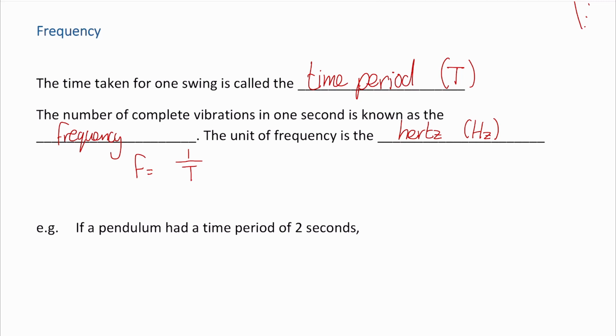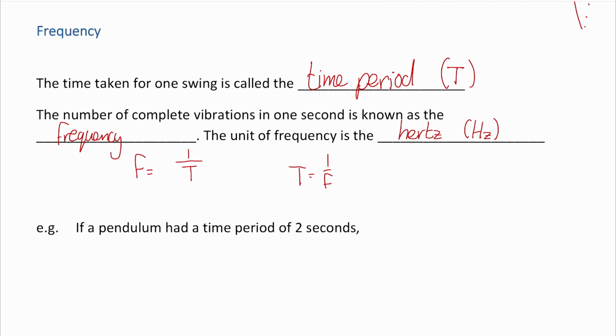We're going to use a capital T. So frequency equals 1 over T, and that's a formula that you're going to need to learn. That can be rearranged to say that the time period equals 1 over the frequency. So if we know the frequency, we can work out the time period. And if we know the time period, we can work out the frequency.